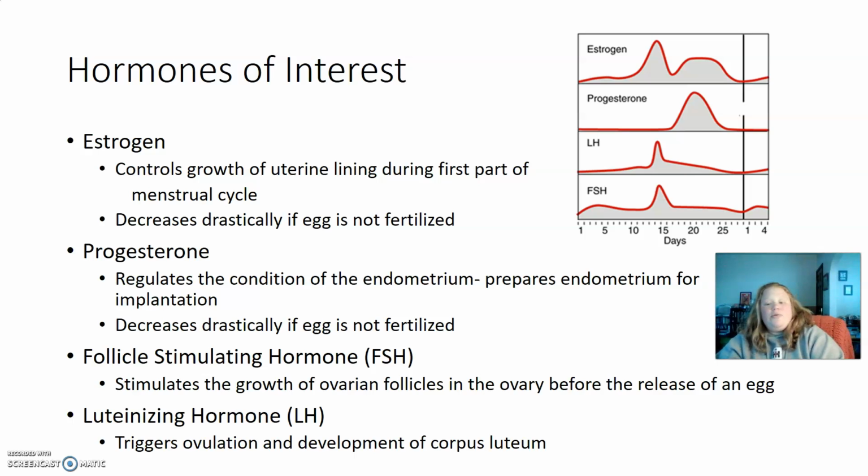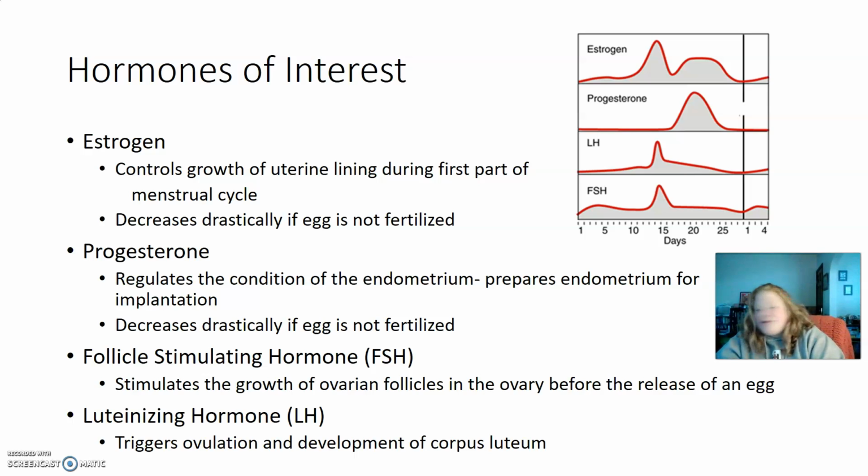If a person ovulates and that egg does not become fertilized, that estrogen will drop off, and that drop is what leads to the shredding of the uterine lining.